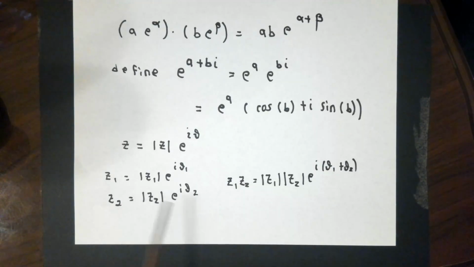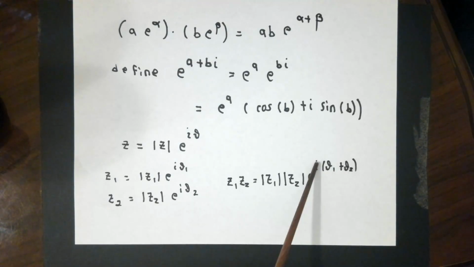If I have two complex numbers and I just multiply them together, we've already figured out that z1 z2 is modulus z1 times modulus z2 times the quantity cosine of theta 1 plus theta 2 plus I sine of theta 1 plus theta 2, which in our new symbolism, we're writing in this way.